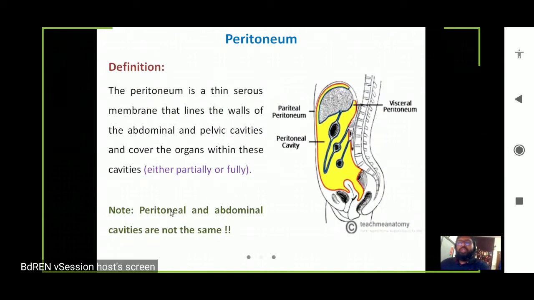Now, note that the peritoneal cavity and abdominal cavity are not the same. Why? Can anyone explain? Peritoneal means in between two serous membranes, and the space between them does not contain the serous fluid. Right, in the abdominal cavity, leaving out the organs, the remaining cavity will be the peritoneal cavity. Good, you explained by the exclusion method.